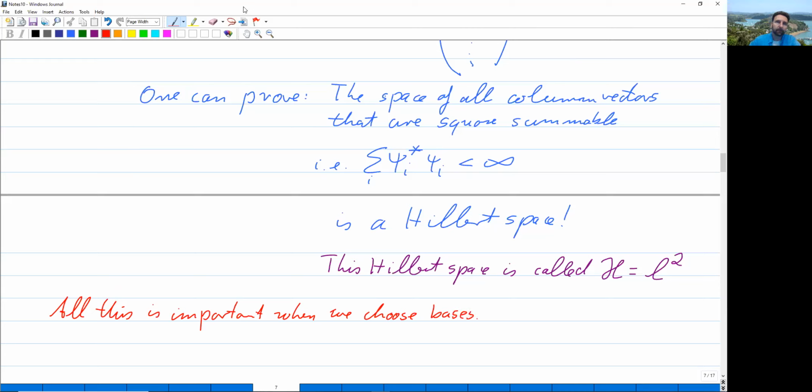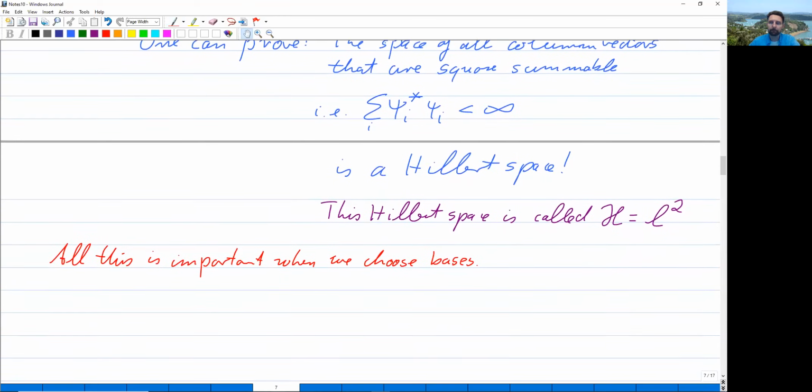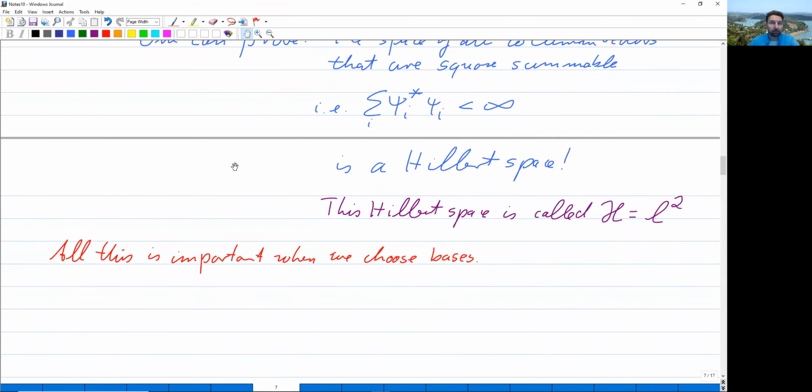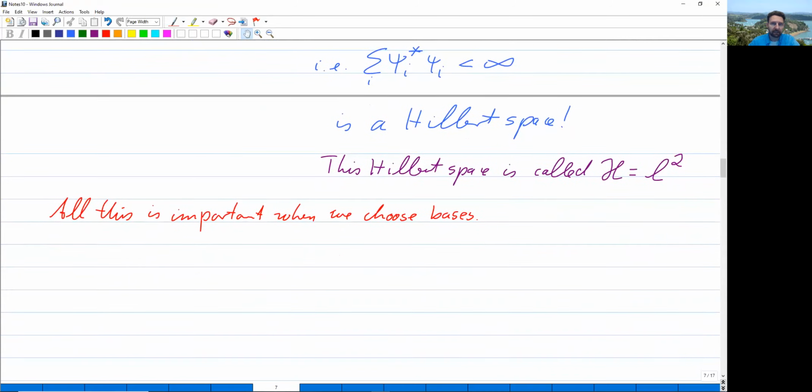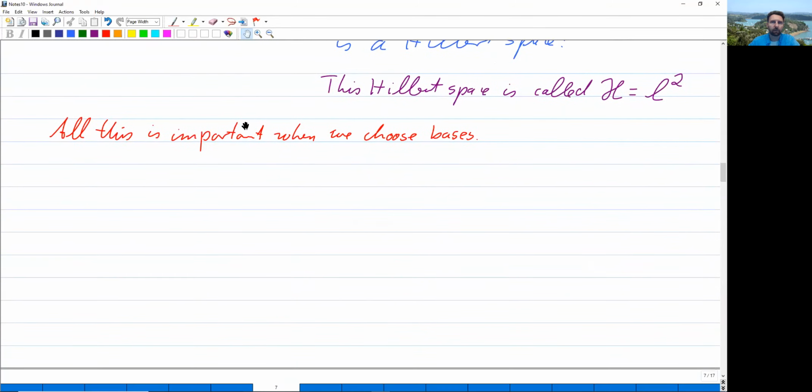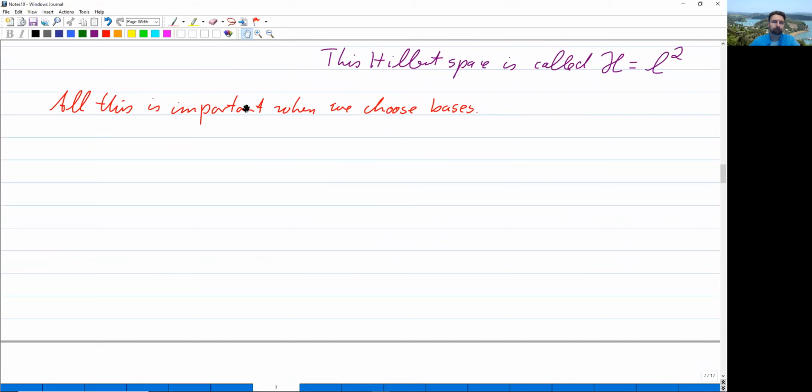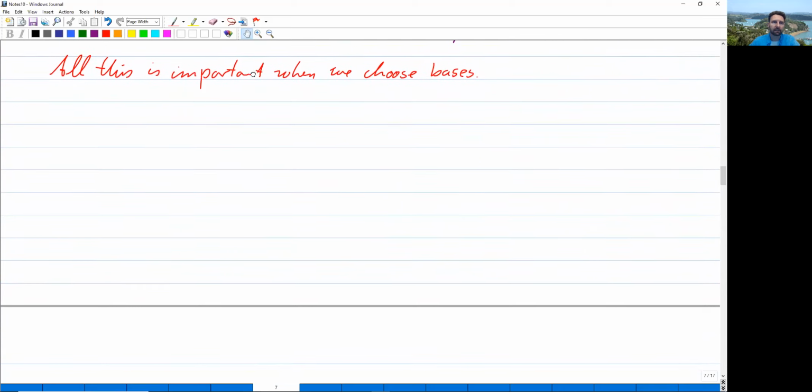In fact, the very notion of basis itself is non-trivial. And in Hilbert spaces, there is this notion of Hilbert bases. Let's see how this works.